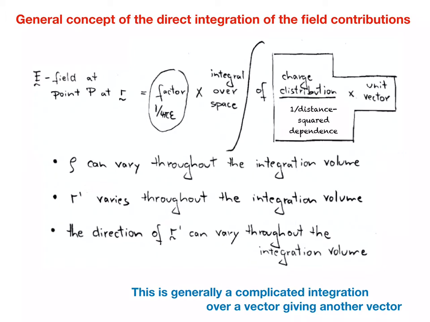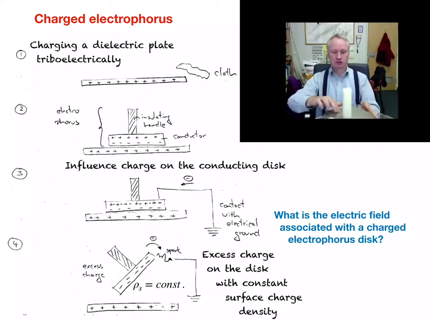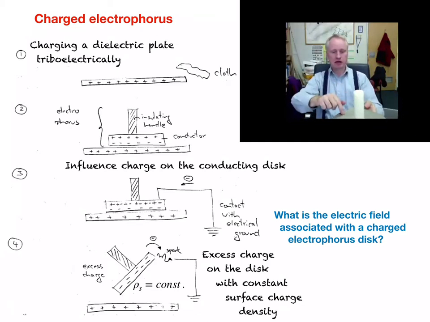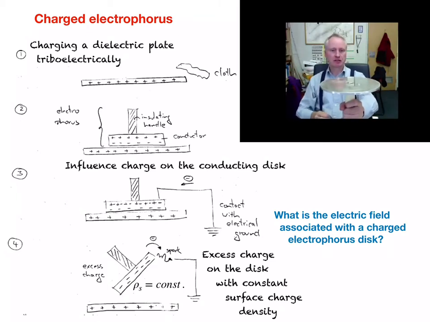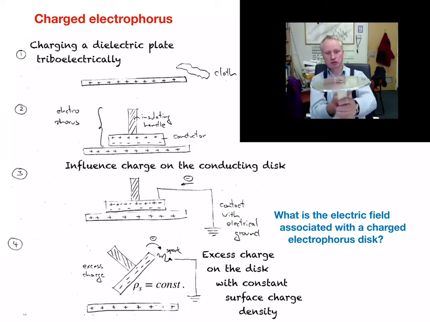It is fruitful to apply this concept to a specific charge distribution, for example the charge distribution on the disk of an electrophorus. When we charge an electrophorus like this, and again, what we do is create an electric field above a cylindrical disk, an electric field that reaches out in this direction and also downward.